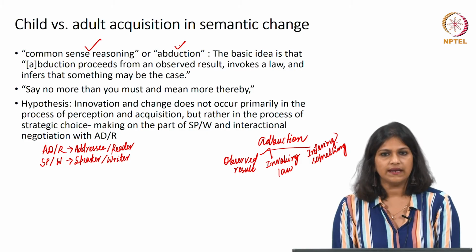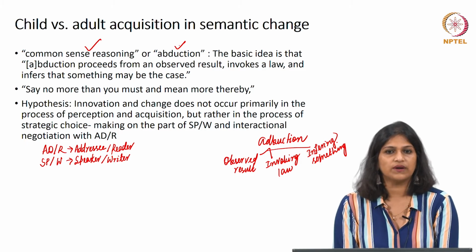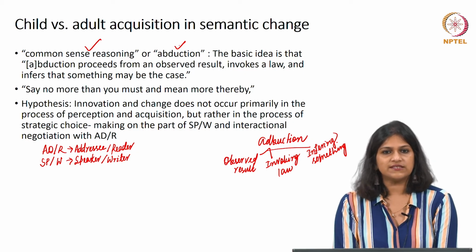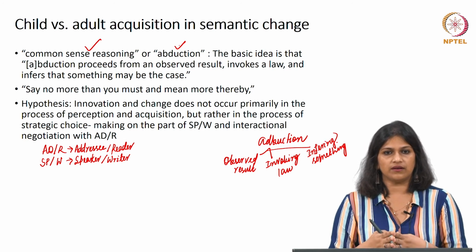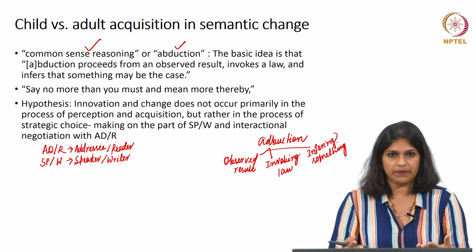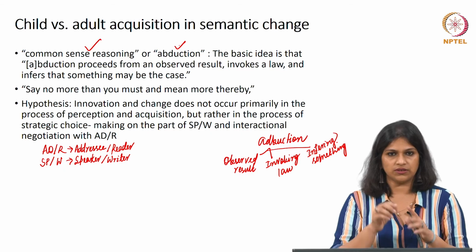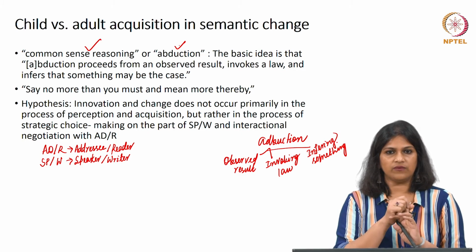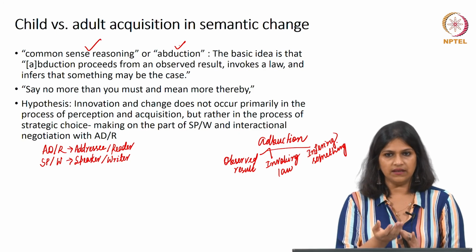So, what happens in this process, the most important thing to understand, the basic idea, is that this abduction proceeds from an observed result. So, first the speaker, or the speech community, has to observe the result. So, through the process of abduction, the very first thing is the observation of result, second invoking of a law, and third drawing the inference, or inferring something which may be the case.